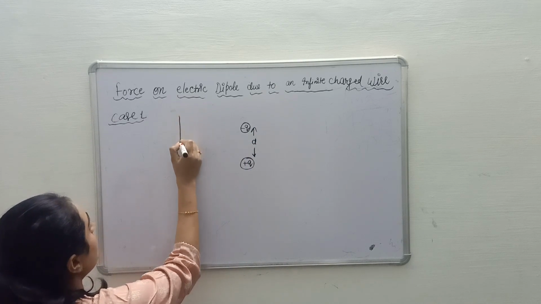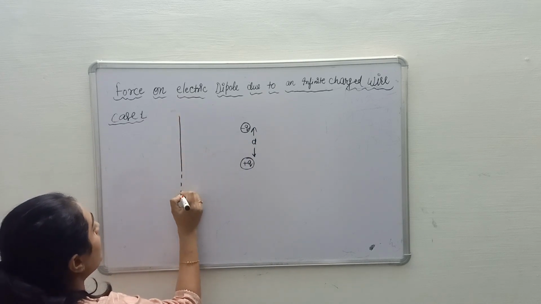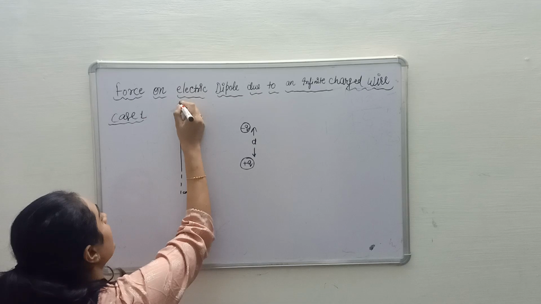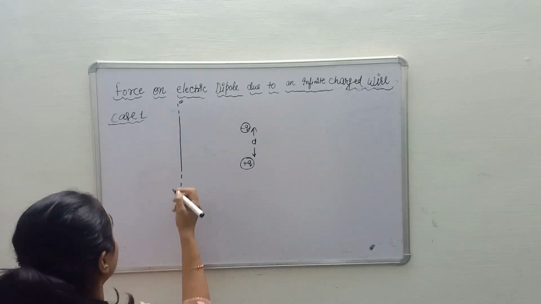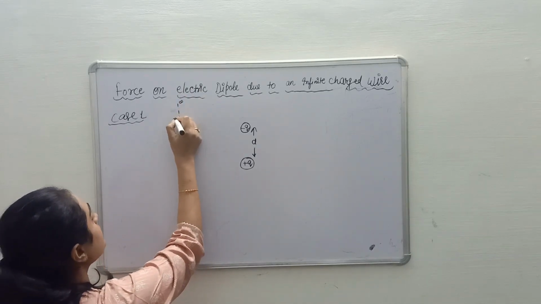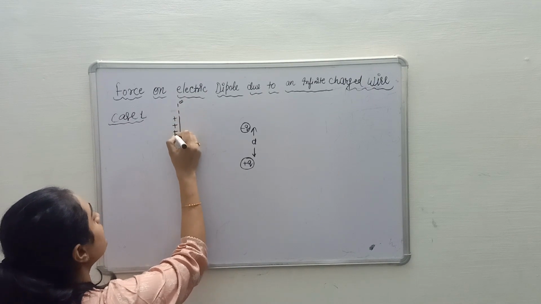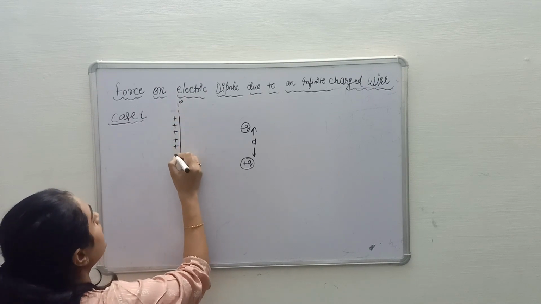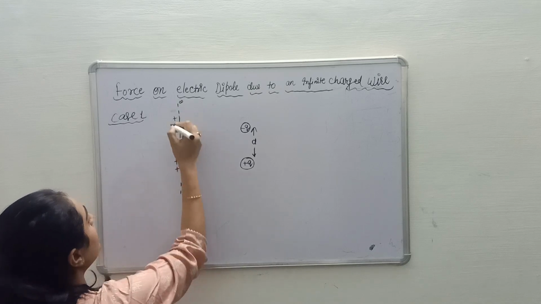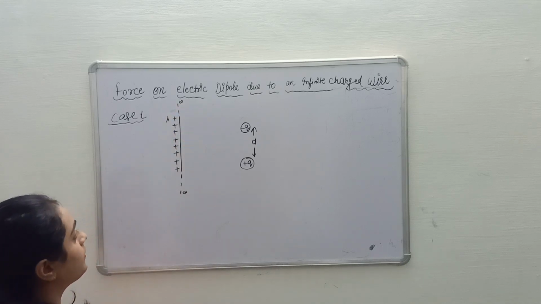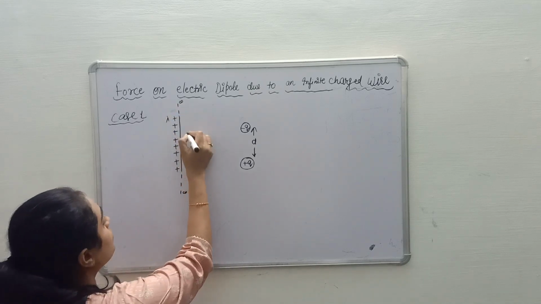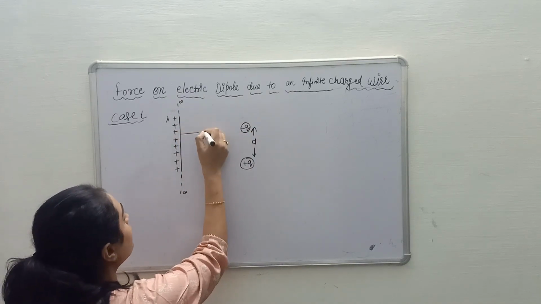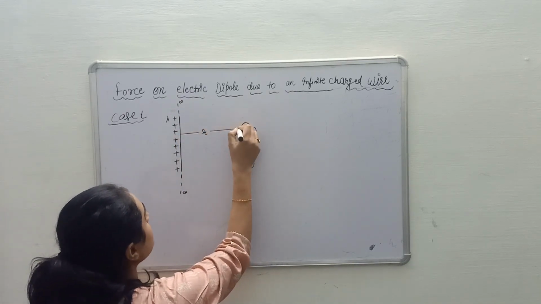The dipole is far from the infinite wire. The wire's length is infinite, the charge is uniformly distributed along its length, and the line charge density of the wire is lambda. So this dipole is far from the wire with a distance r.